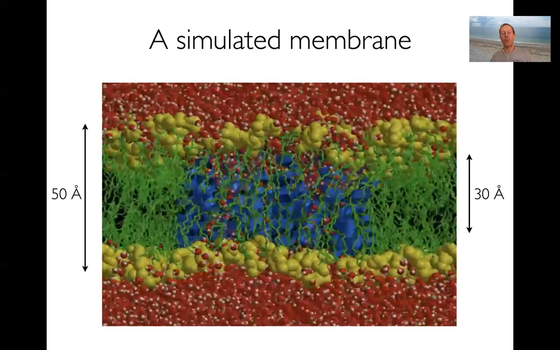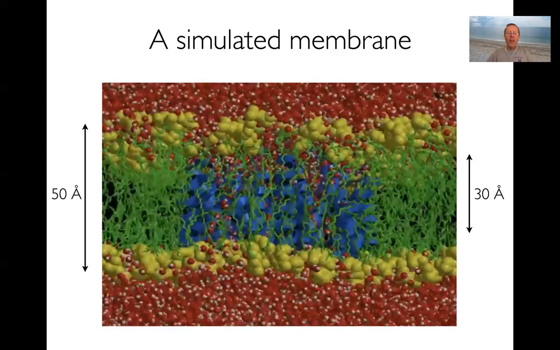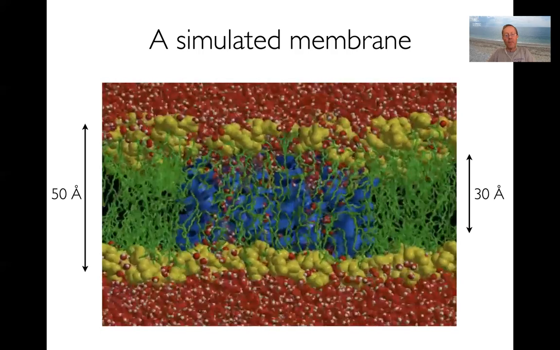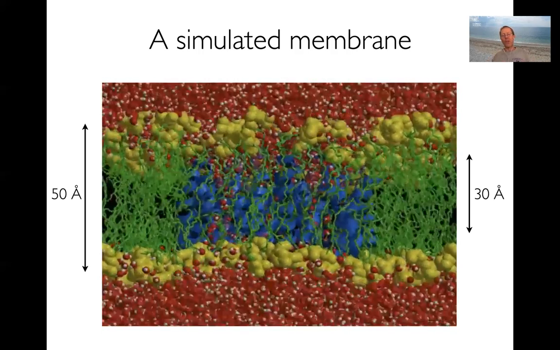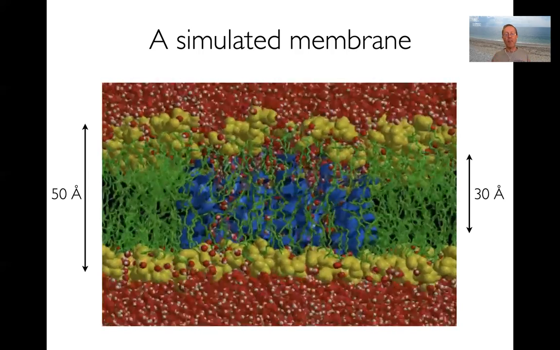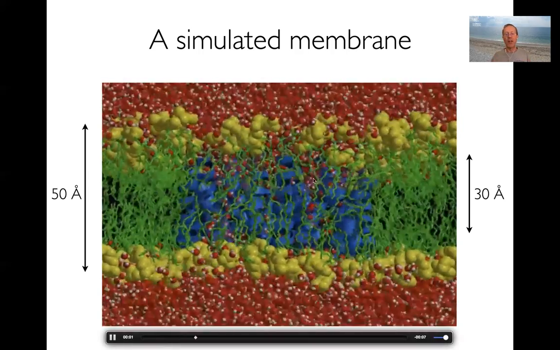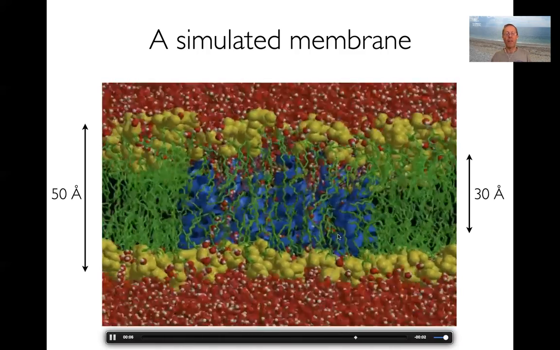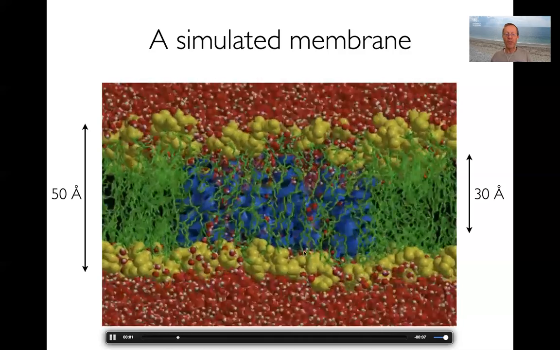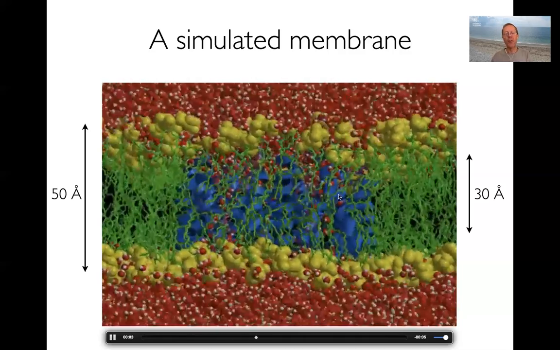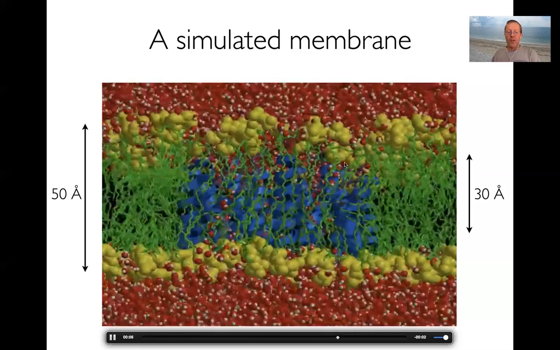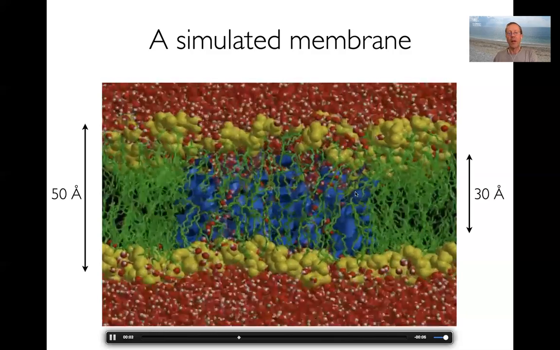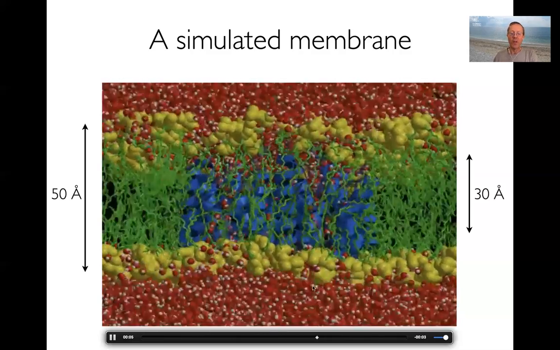Membrane proteins are proteins that are designed by nature to live their lives not in the aqueous cytosol or in an aqueous compartment, but to be integrated into lipid bilayers as integral membrane proteins or transmembrane proteins. And here is an example in blue. This is a membrane protein of unknown structure that has been simulated by molecular dynamics, inserted into a lipid bilayer with water molecules on both sides.